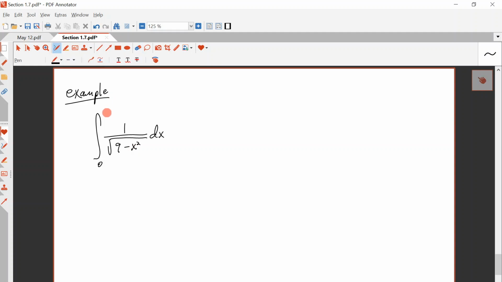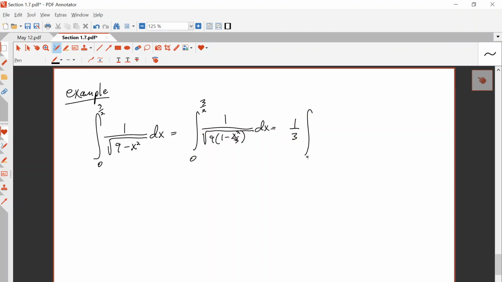So let's do 0 to 3 halves, 1 over square root 9 minus x squared. So again, it looks like arc sine. And what we need to do is factor out the 9 here. So that's 9 times 1 minus x squared over 9. Factor the 9 out of here.